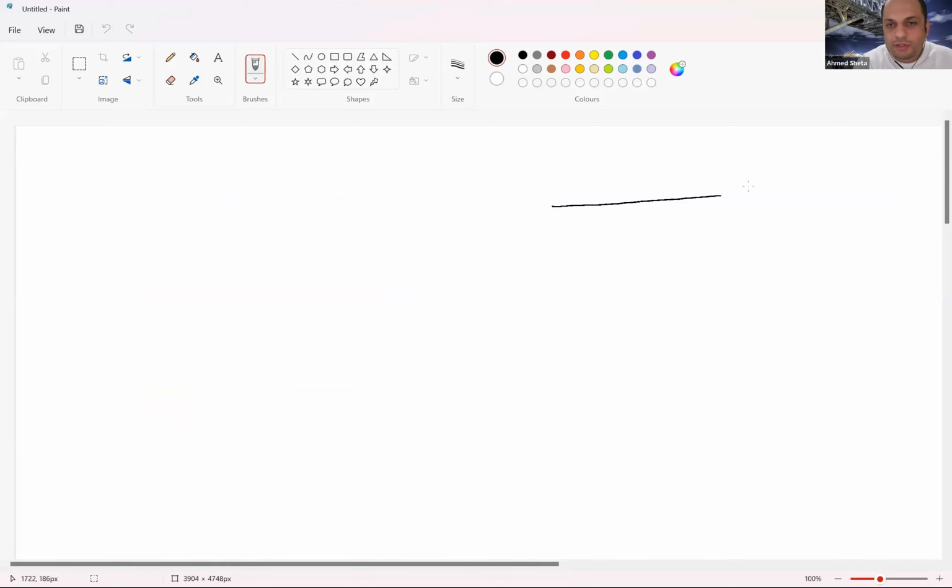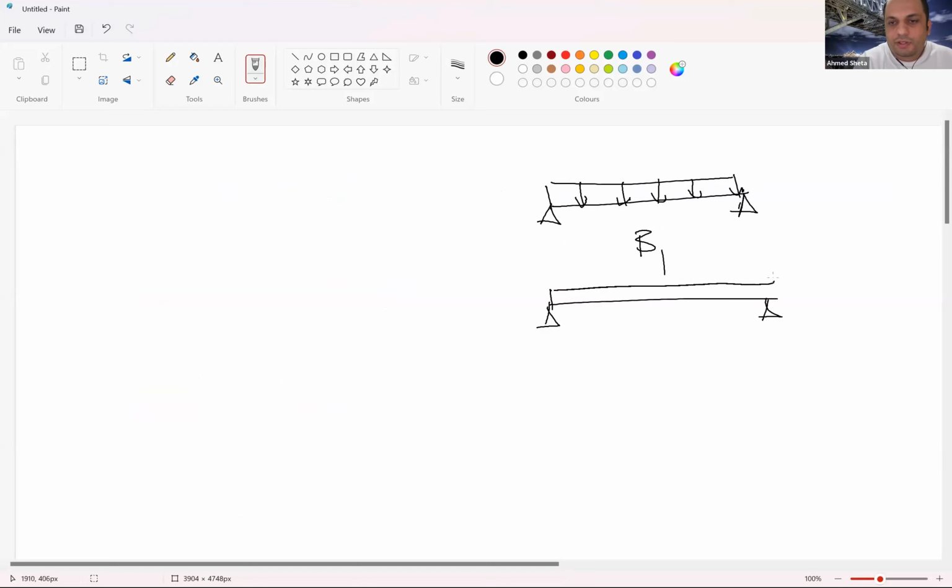So here, if this is our beam, B1, we have two types of wind load. What is this referred to, and what is this referred to? One is inward, one is outward. Yeah. Pressure coming in and pressure coming out.